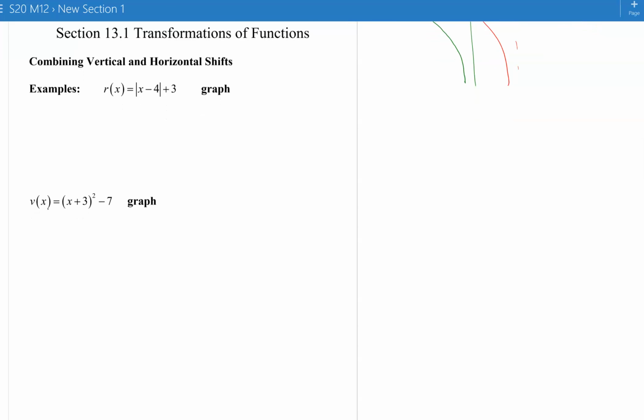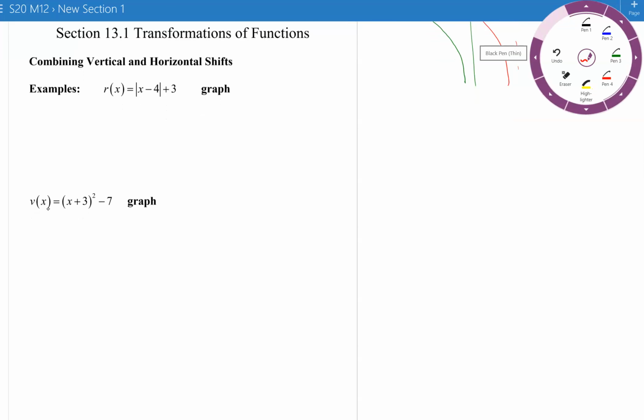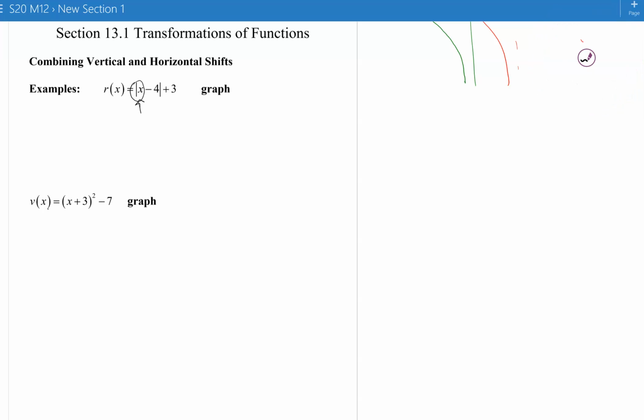Okay, so then we are going to work on combining transformations, and here's where the order becomes important. Look at the x first and focus in on the x, and then think about order of operations. The first thing that's happening is 4 is being subtracted from the x before the absolute value function is being applied. So if I subtract 4, that shifts right 4 units.